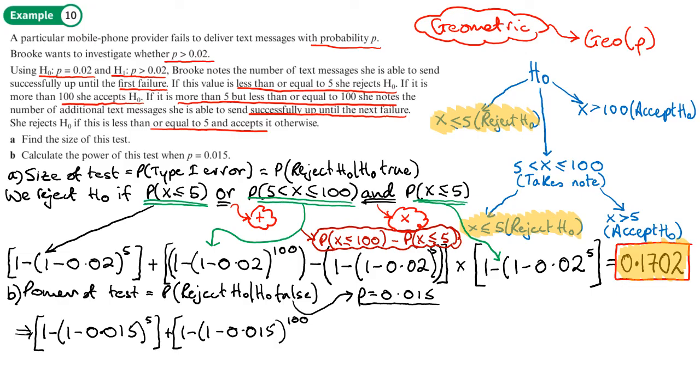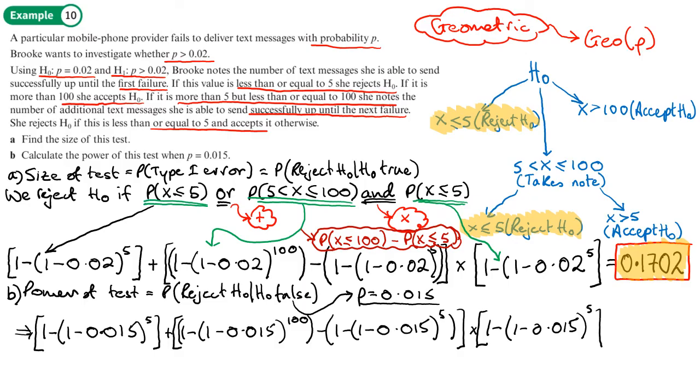Minus, I need extra brackets here, 1 minus 0.015 to the power 5, times by 1 minus 0.015 to the power 5. Now if on your calculator you typed in 0.98, you can just go back and change it to 0.985. So you can just go after the 0.98 and stick a 5 at the end of each one of those to get the answer.